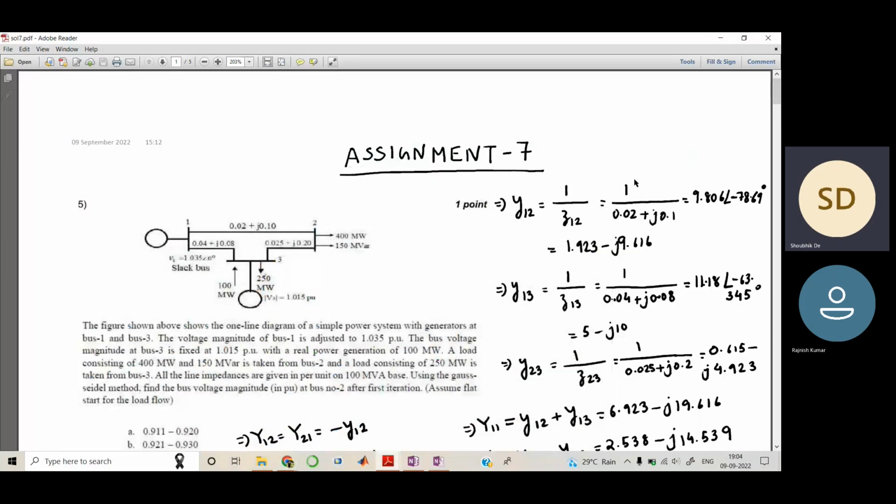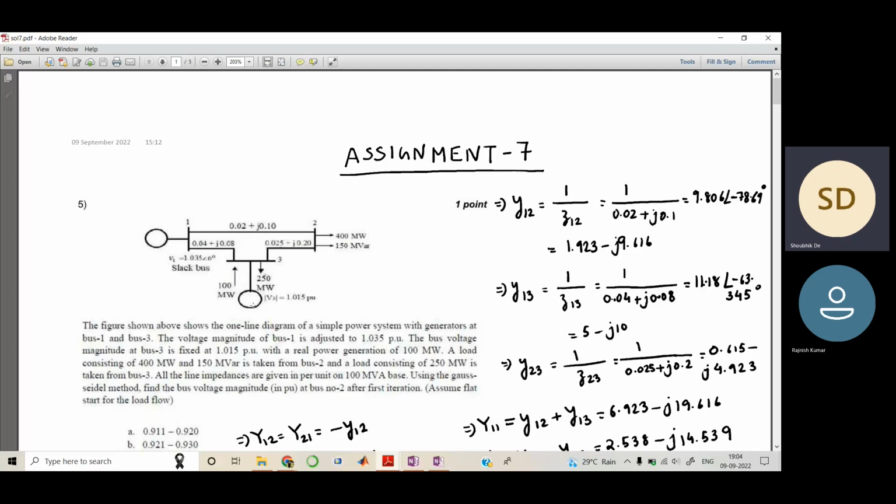Okay, so good evening. We were discussing some of the typical problems of assignment number 7, and we will be starting with this figure, problem number 5. They have shown this single line diagram over here, and the question states that the figure shows the one line diagram of a simple power system with generators at bus 1 and 3.